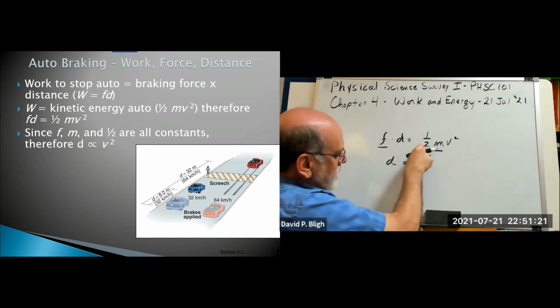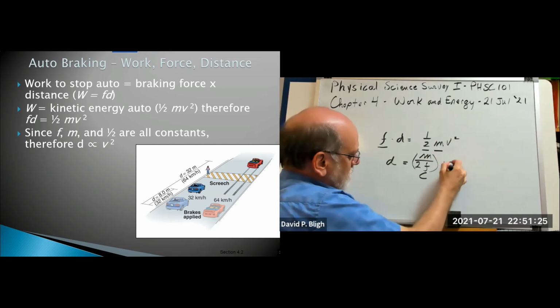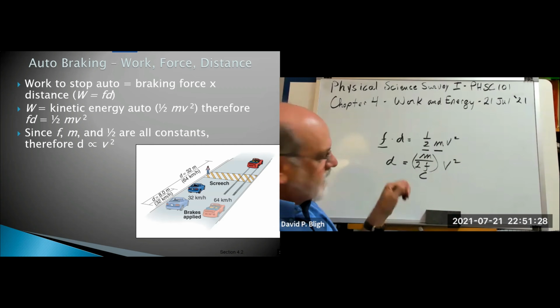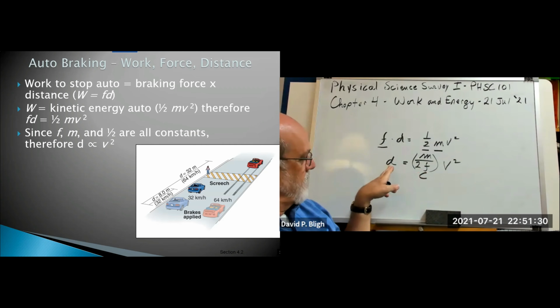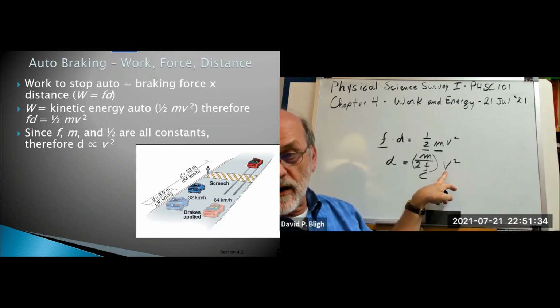F comes over here, m is in the numerator, so this is a constant. And what that means is that the distance required is proportional to the velocity squared.